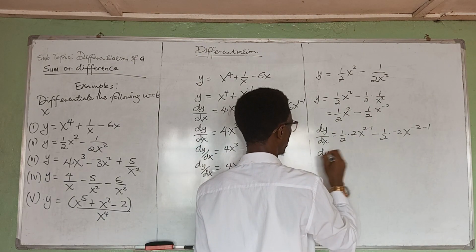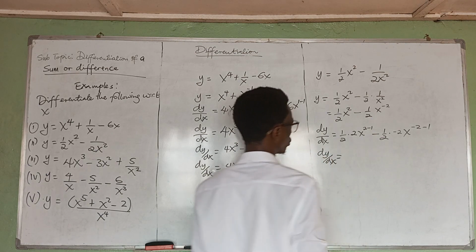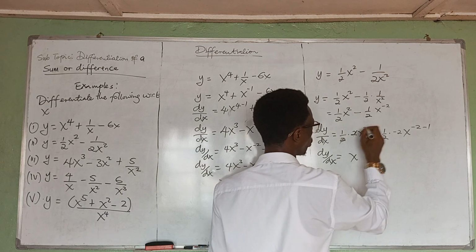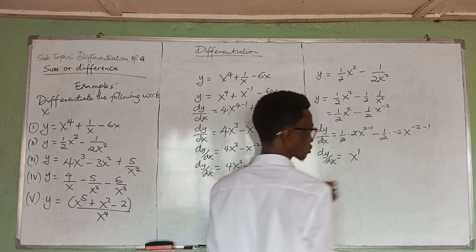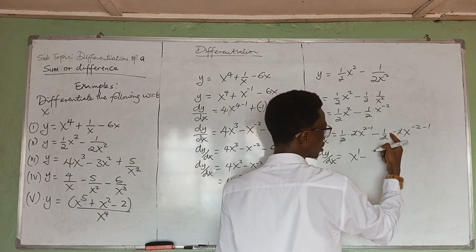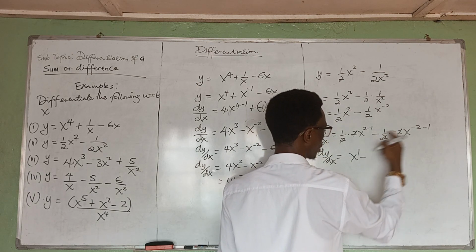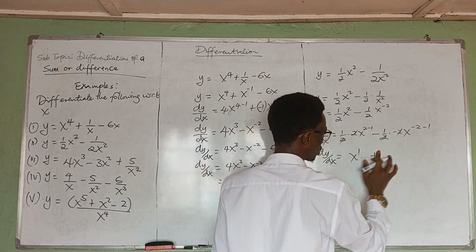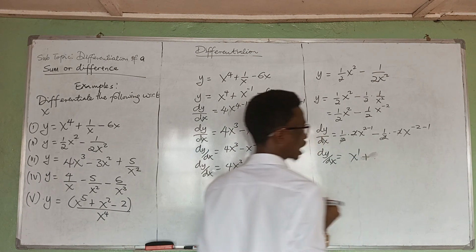So now dy by dx equals to, these 2 cancel these 2, so we are left with x. 2 minus 1 becomes 1. Okay, minus this again, this and this cancel, but this multiplication: minus times minus becomes plus, so hence I have to take this one off. So this becomes plus now.